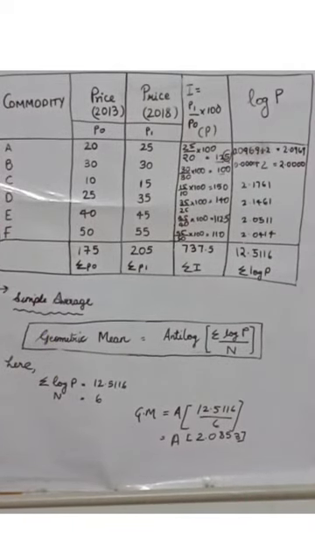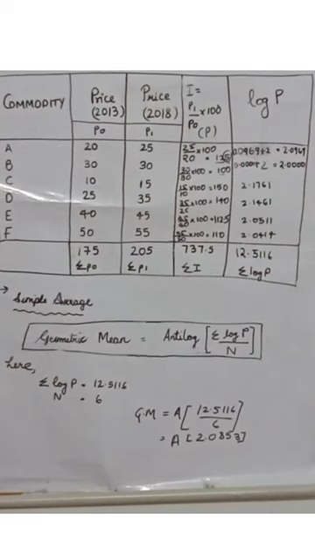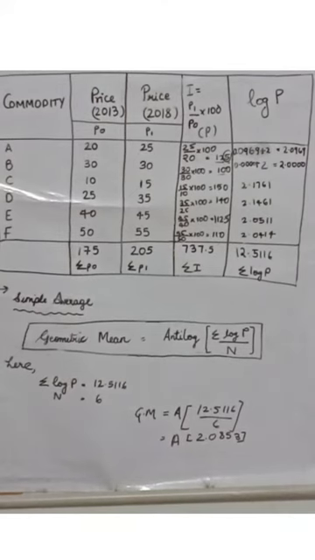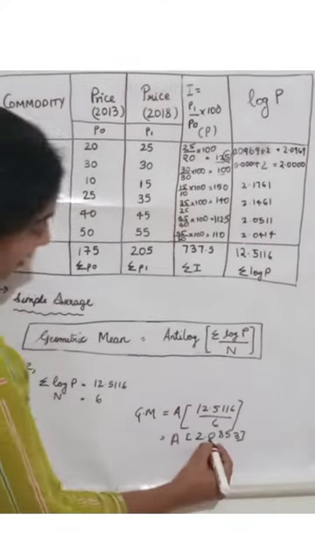To find the antilog, we have to move to the antilog table, and here we need to add the mean difference. In antilog, you need to check the decimal part.